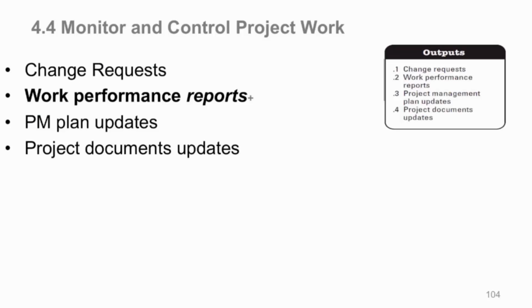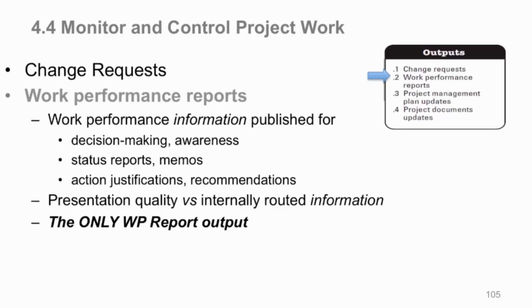Now we issue work performance reports, and remember, this process 4.4 is the only process that issues work performance reports. So what are those? These are the work performance information that was aggregated from our data, so now it's actionable stuff, and we're going to report it for decision-making purposes, for awareness to proper target audiences.